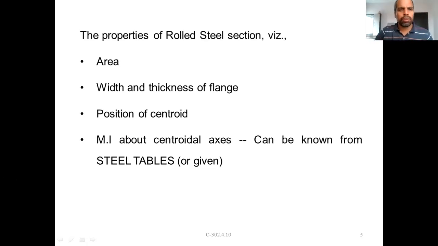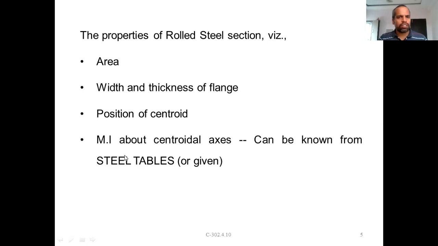The moment of inertia of rolled steel sections is given in the steel tables only about the centroidal axis of that single section.